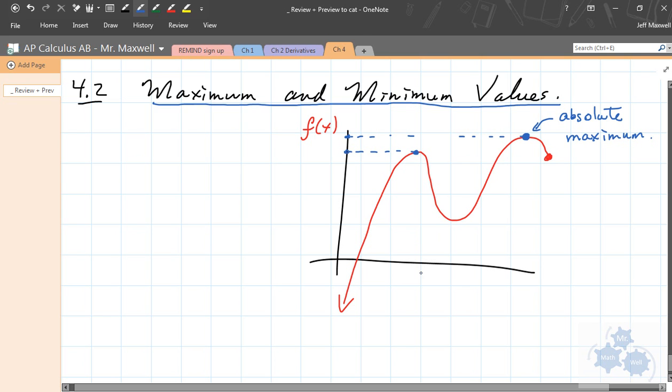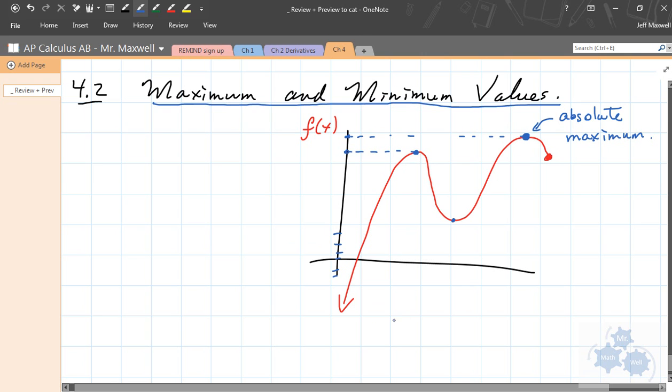Now, if we're talking about an absolute minimum, we have a bit of a problem, because you may say, well, of the graph that I can see, it looks like this is a low point, but this is even lower. But then you might ask yourself, what about all the y values over here? Obviously this graph goes down and down and down. And of course, the arrow means it goes down forever and never stops, so there's no beginning point.